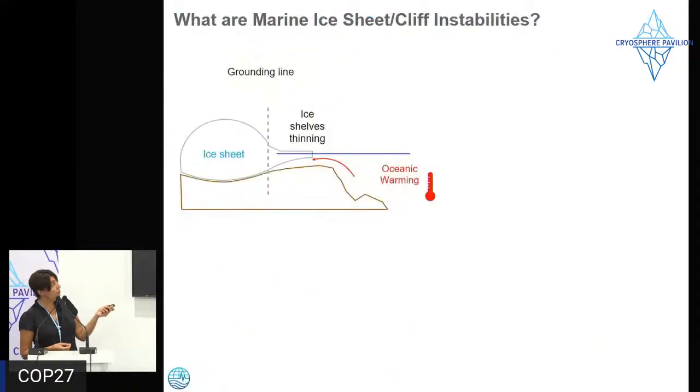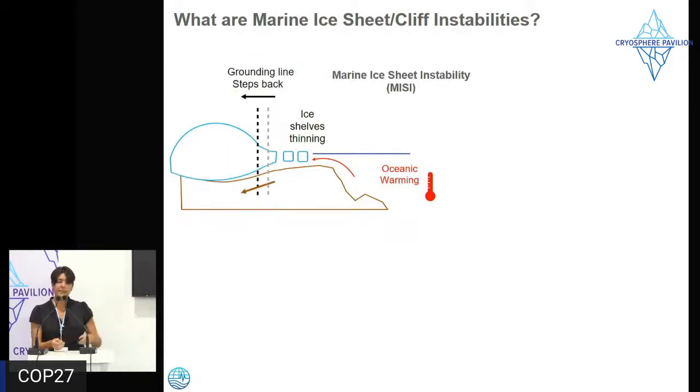Such disintegration occurs mostly because of oceanic warming and because of warm water intruding below those floating platforms of Antarctica. So what happens? The warm water penetrates below those ice shelves, and then the ice shelves themselves are thinning, because they are melting from below.